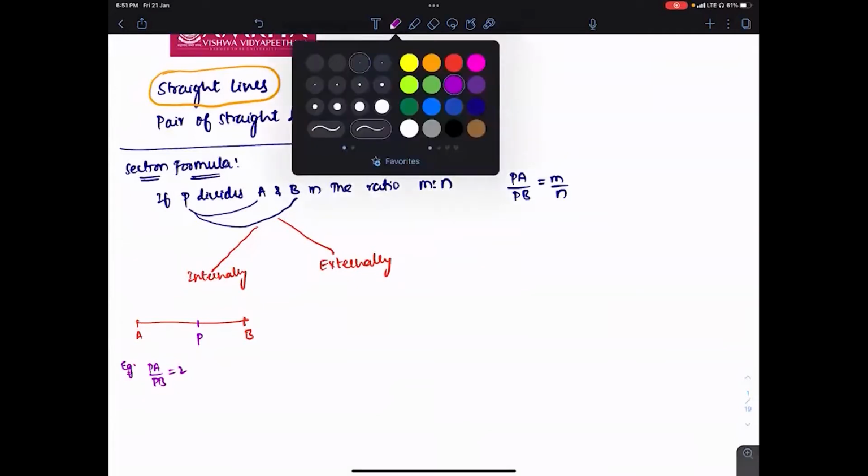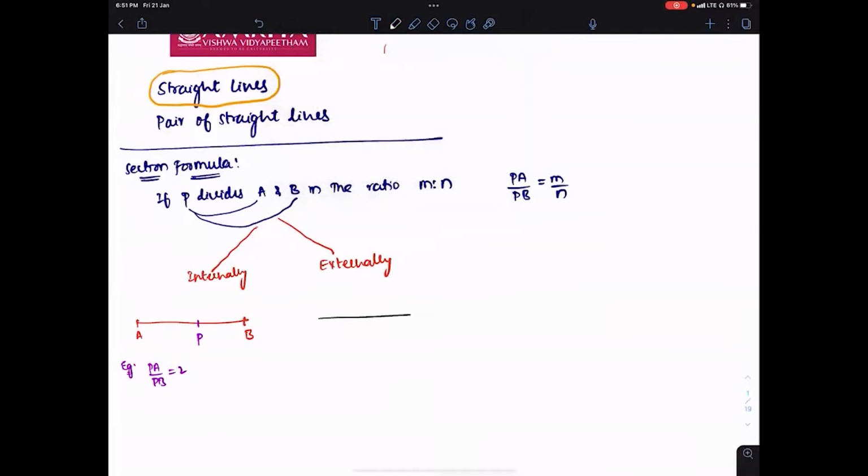Same way, the main important thing here is how do we take it in case of external division. Let's say AB is there. Now let's say I give PA by PB is 3 by 2, and P divides A and B in the ratio 3:2. That is the meaning. P divides A and B in the ratio 3:2 externally.